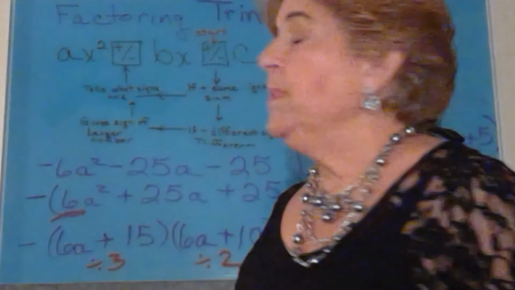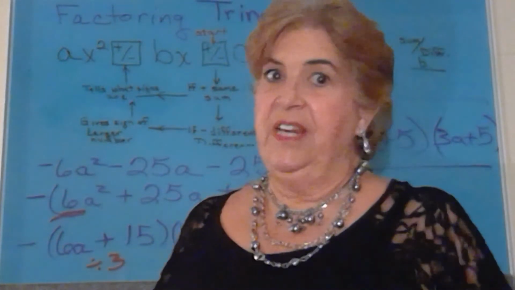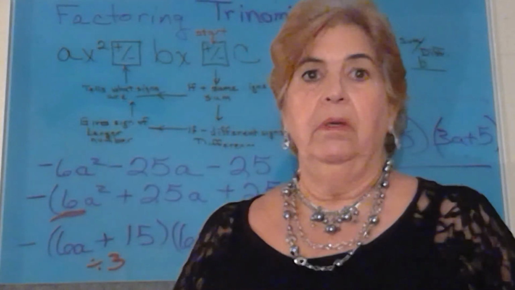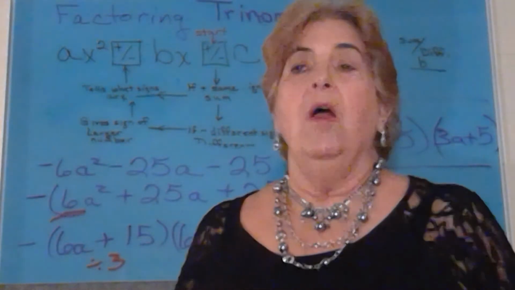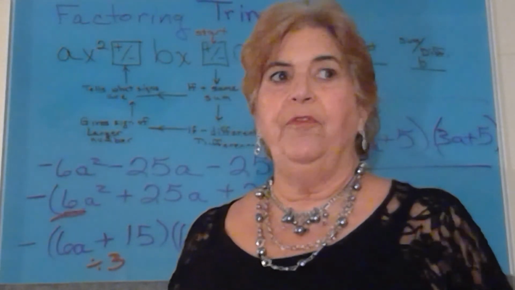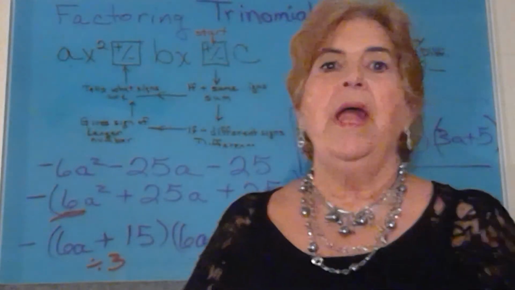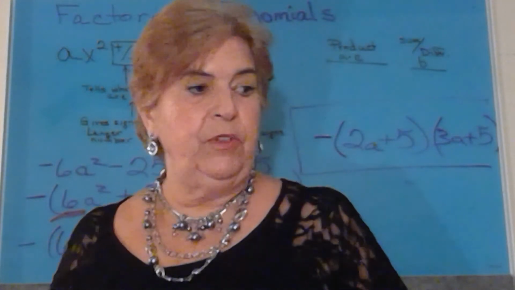Practice this method. You are going to desperately need to be able to factor for this class. When you get into simplifying rational numbers, you have to factor the polynomial in the numerator and the polynomial in the denominator and see if they have common factors.